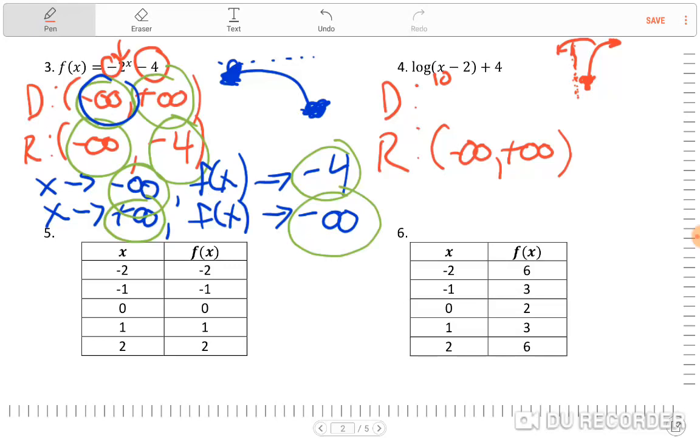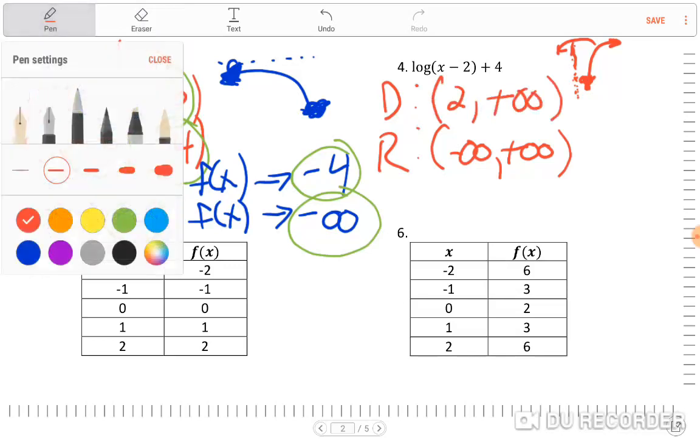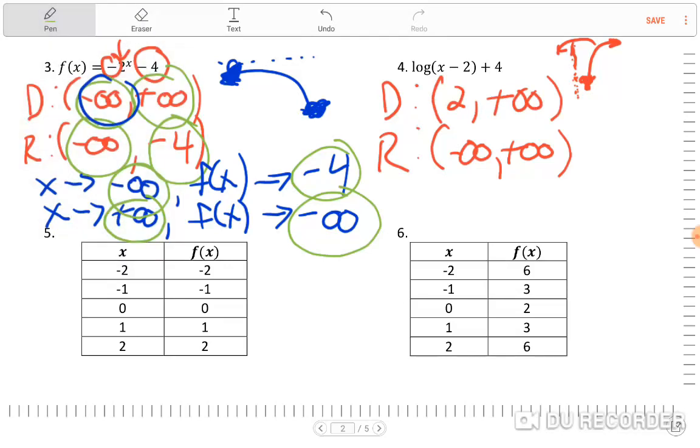Because we're staying to the right and the asymptote here is at positive 2, we're not going to actually touch the 2. But the domain is going to be from 2 to positive infinity. When we go to write the end behavior, these are what's going to repeat.